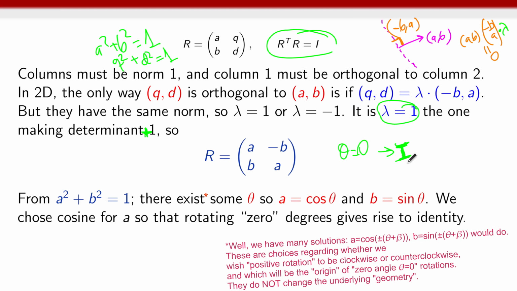I mean, something must mean doing nothing, and the reasonable choice is 0. And then that's why A is the cosine and B is the sine, because if I had chosen, let's say, A equal sine of theta and B cosine, we would also verify this, but then we would not be verifying our arbitrary choice that theta equals 0 means not rotating.